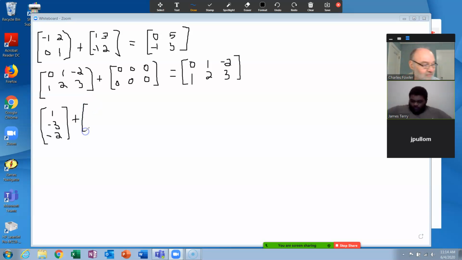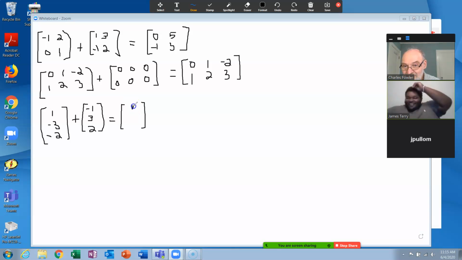How about another name? It could be called a column vector as well. Yeah. Okay, a column vector. So I'm adding it to another column matrix. Can you add those two together? Yes. Okay, and what do you get then? 0, 0, 0. All right. That wasn't too hard either, was it?